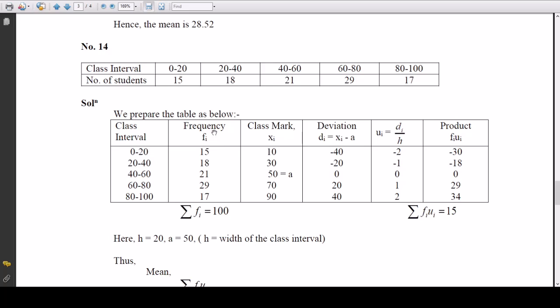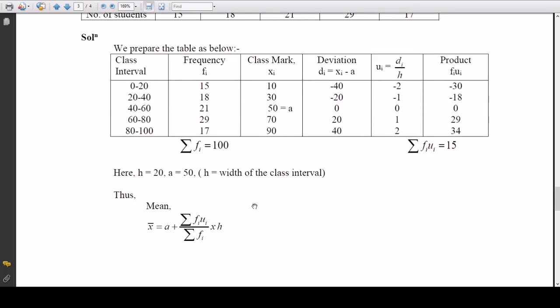Summation of fi, which is the frequency, is 100, and summation of fi ui, if you find the sum from here, you will get 15. 34 plus 29, these are positive numbers, you add, you get 63, isn't it? And if you add these two negatives, you get 48. 63 minus 48 is 15. Which sign is greater, plus or minus? It's plus sign. Therefore summation fi ui is 15.